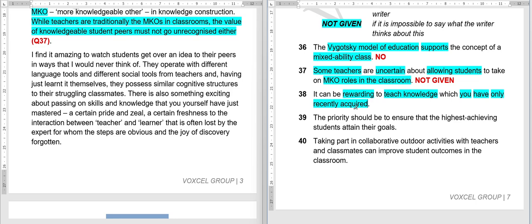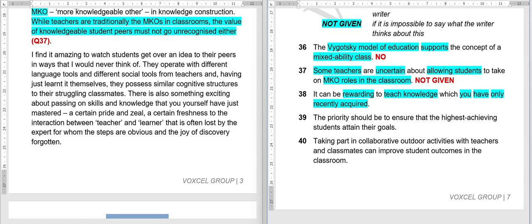But if it's not rewarding, like it will confuse you, or you will not be able to teach it to others, so it's quite difficult for you to teach what you recently learned, then the answer will be no. And if no such thing is given, whether you should teach others what you learned yourself a few days ago or something like that, the answer will be not given.